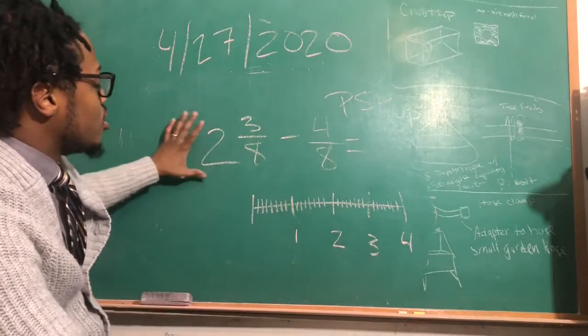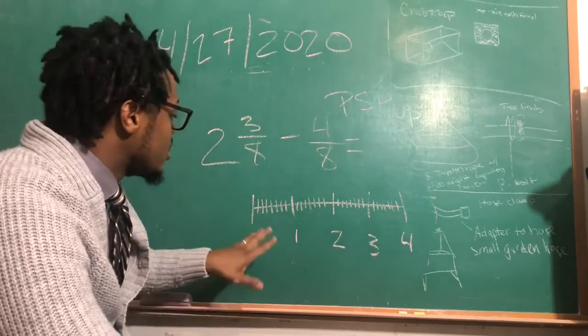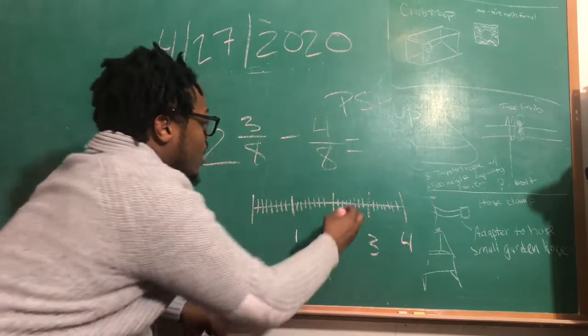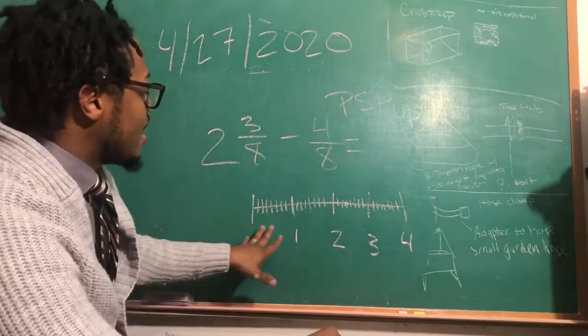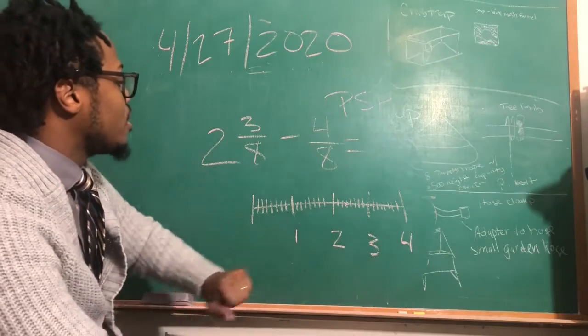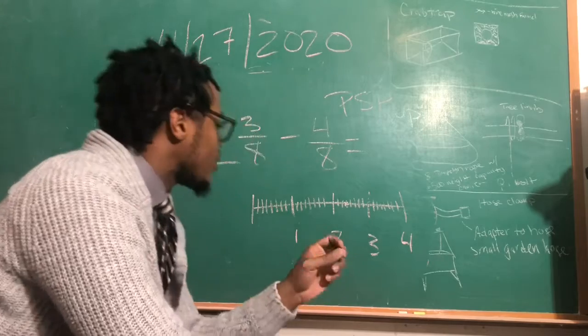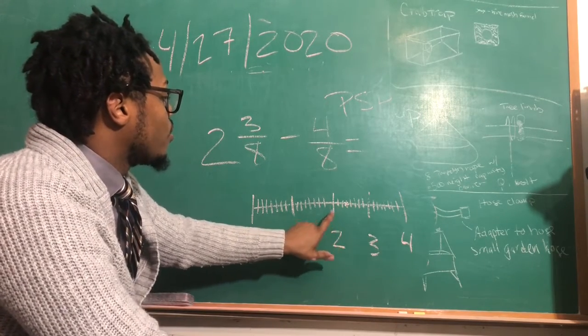So now what we're going to do is take 2 and 3/8 and put it onto our number line. So we have 1 whole, 2 wholes, and we want to go 3/8. 1, 2, 3. We'll have the 3/8 right here. Now that we have 2 and 3/8 set up, we'll take away 4/8. It's very simple. We just count backwards. 1, 2, 3, 4.